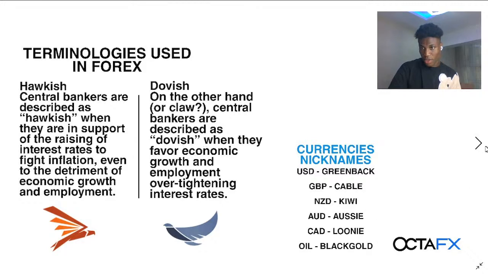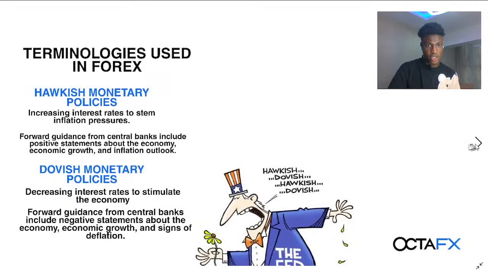But we're going to look at the monetary policies of hawkish and dovish. Like I said, when the central bank is hawkish, they are increasing the interest rate to stem inflation pressures. Now, forward guidance or reports from the central banks would include positive statements about the economic growth and inflation outlook. Dovish is going to be the exact opposite, right?